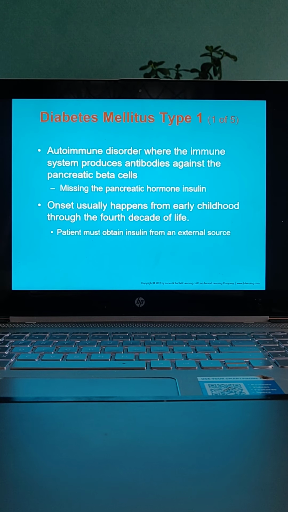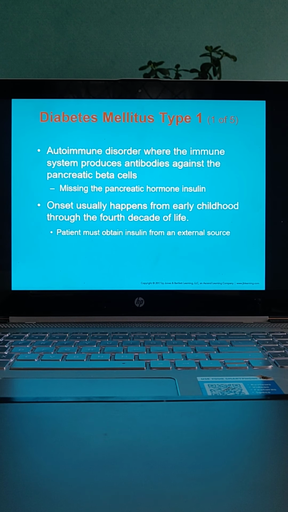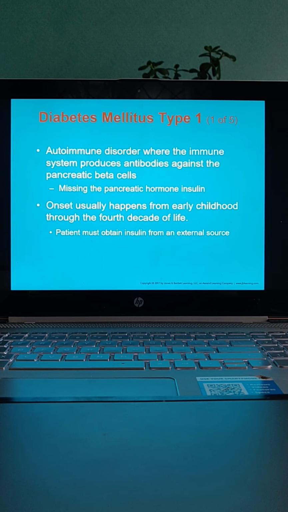Okay? So it's an autoimmune disorder, which means your immune system, the one that fights infection and stuff like that, the one that puts you in anaphylactic shock because it's an over-exaggeration to an outside stimulus, actually creates antibodies that go against the pancreatic beta cells. And don't forget, the beta cells are what produce insulin.